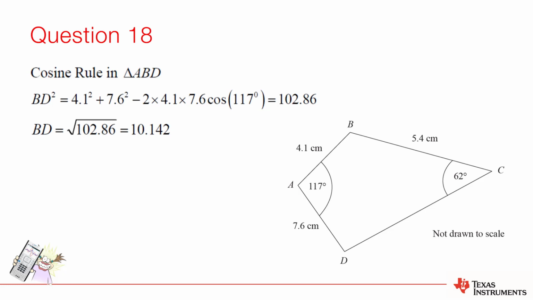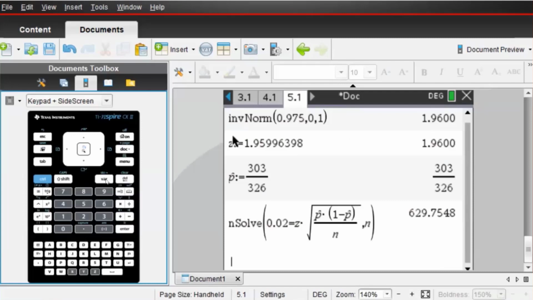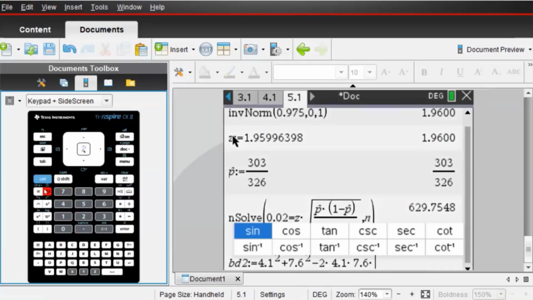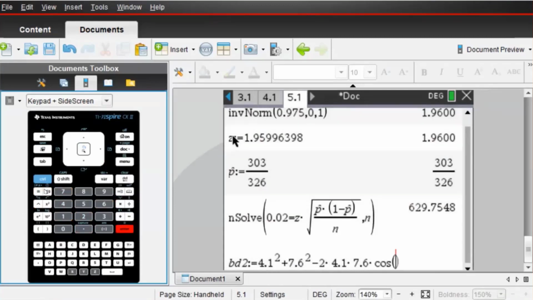Let's see a nice little way of doing that one on the calculator. I'm going to say BD2, which is the BD squared, is 4.1 squared plus 7.6 squared minus 2 times 4.1 times 7.6 times the cos, get that from the trig menu, the cos of 117.